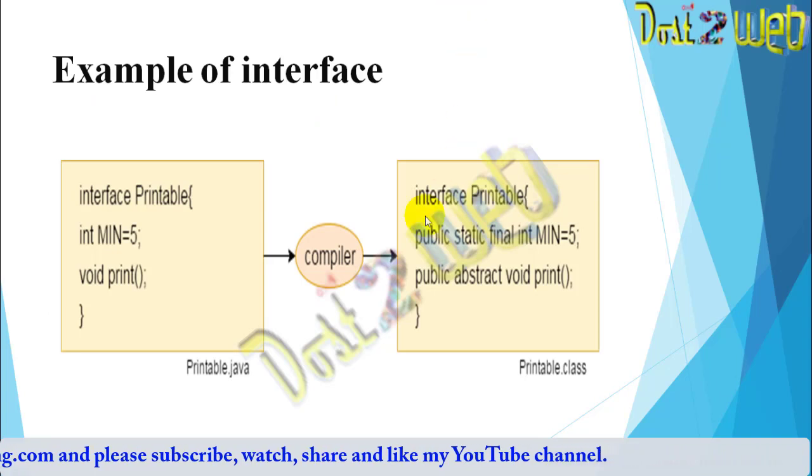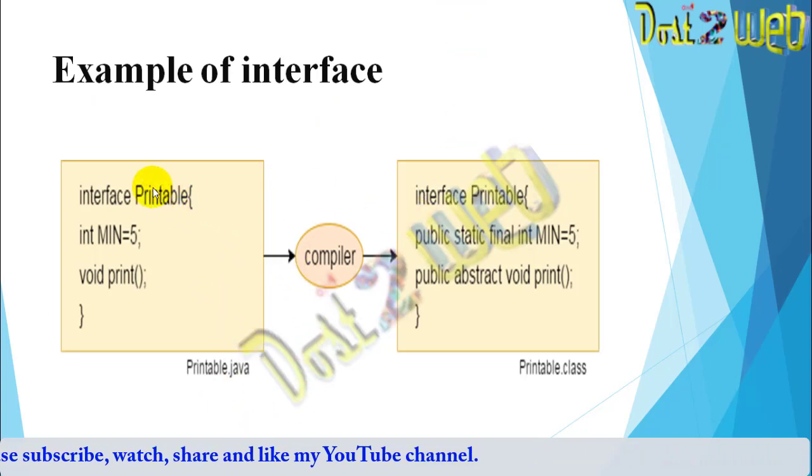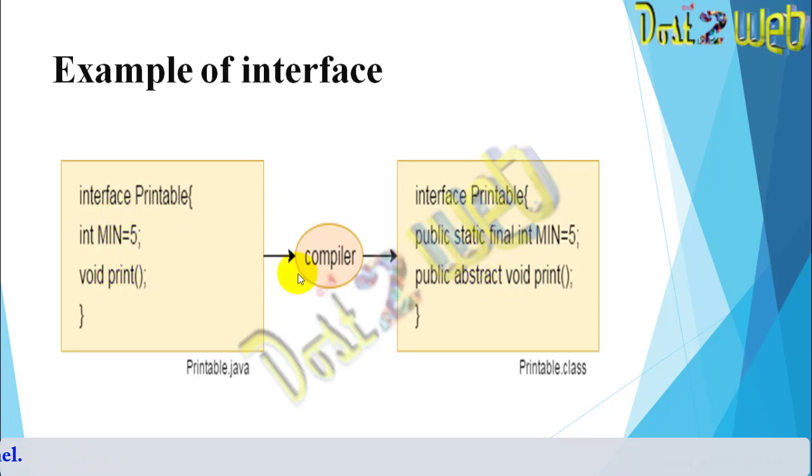Another example: you can create an interface Printable with int MIN value, and you define a print method. Another way, we have not used public static int here. The compiler will add it into the bytecode, the .class file.